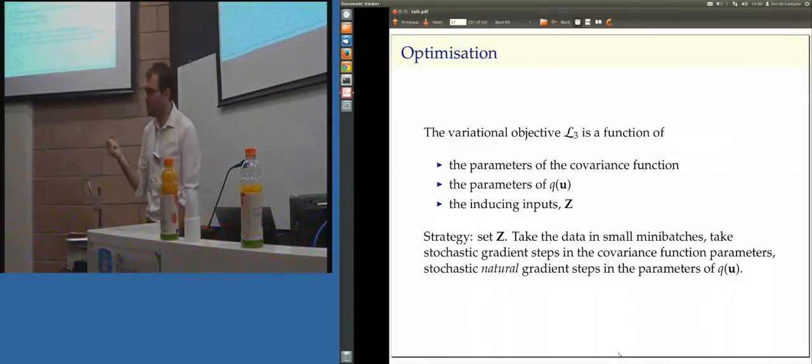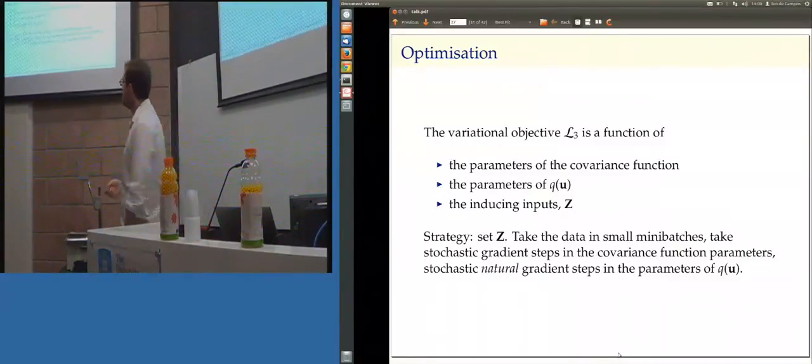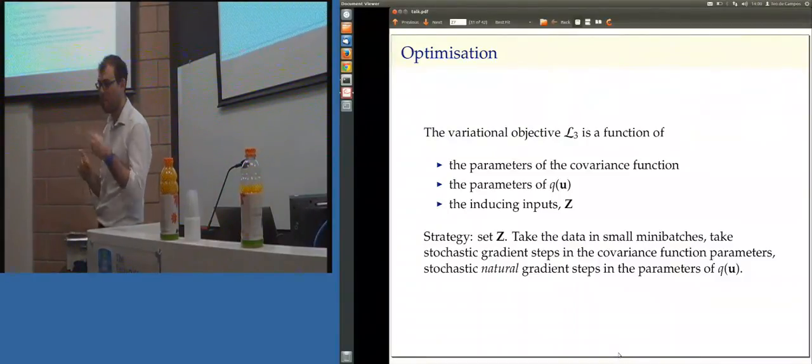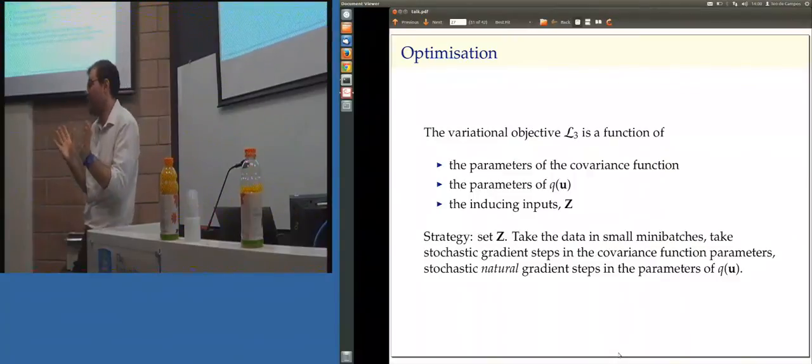And Q of U actually gives me a geometry not totally unlike a sphere. So let's suppose you were naively trying to implement this, you might implement it with a mean and a covariance. A mean vector and a covariance matrix. And then you would take a derivative in the mean vector and a derivative in the covariance matrix and take a little step.